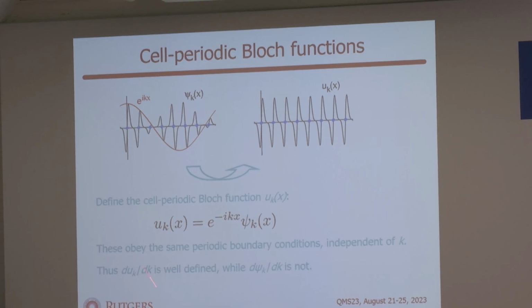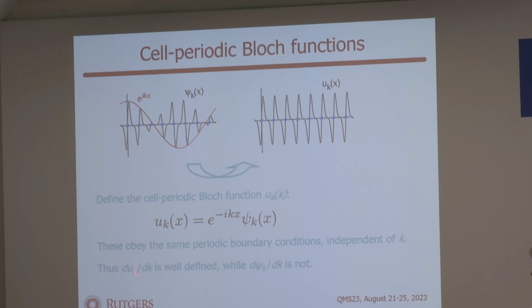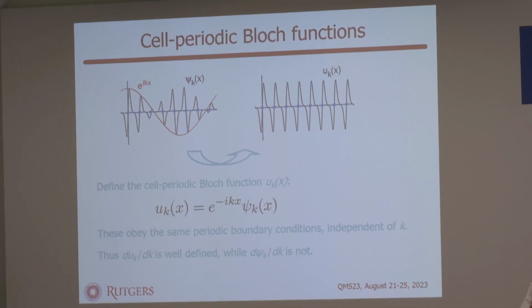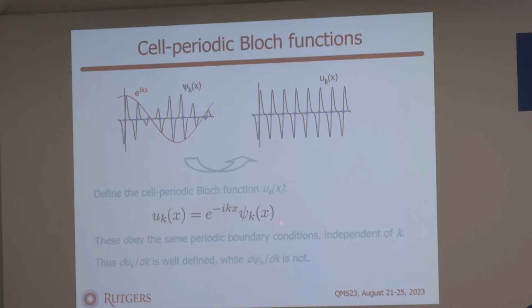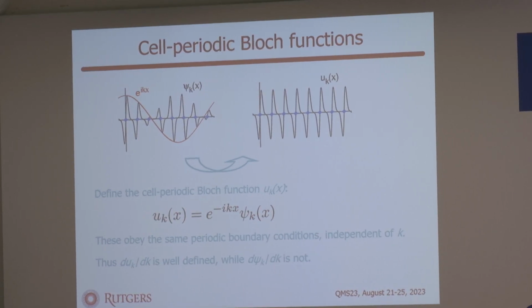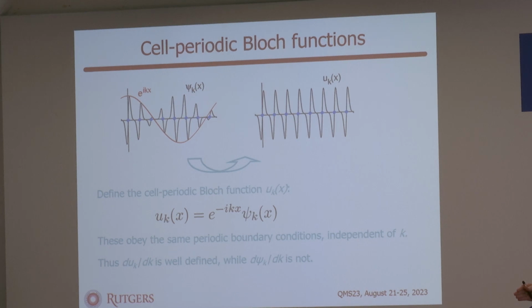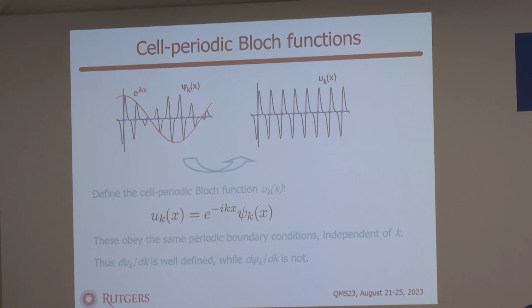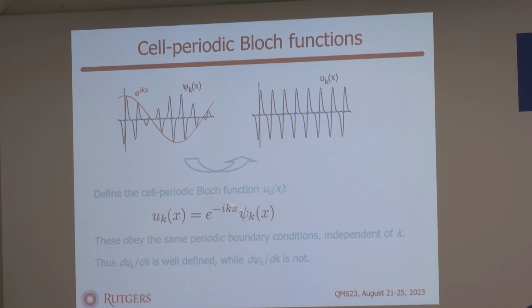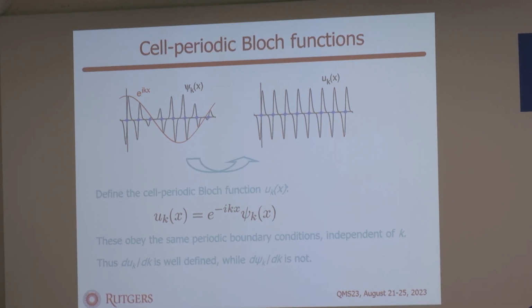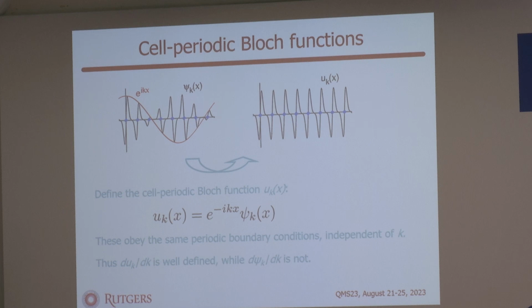And the reason is that we want to take a derivative like this, du dk. We want to take a derivative of the wave function with respect to k. And the different Bloch functions at different k have different periodic boundary conditions, e to the i k dot x. And so if I take a derivative with respect to k, I'll pull down an x, so I get something which blows up to infinity and is not well defined.